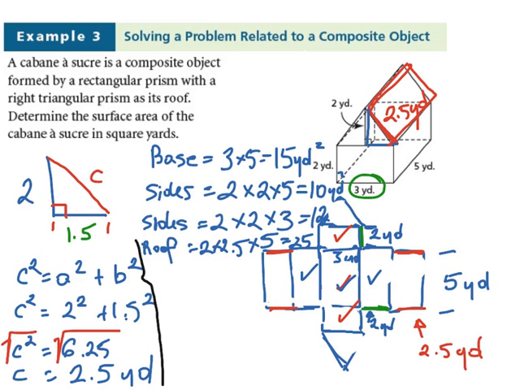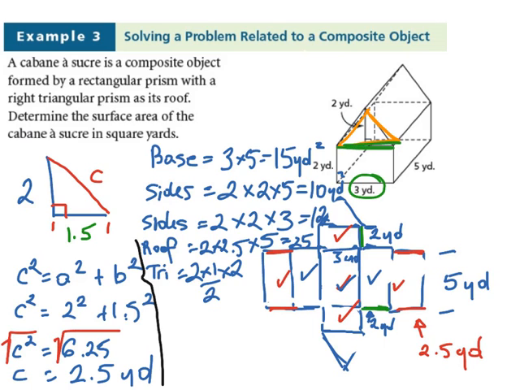The last part is the triangle. And notice the triangle, I'll draw it for you right here. This is the triangle. It's base times height divided by 2. So the triangles, there are 2 of them. So we'll multiply 2 by a half times the height of the triangle, which is 2, and the base of the triangle, which is 3.